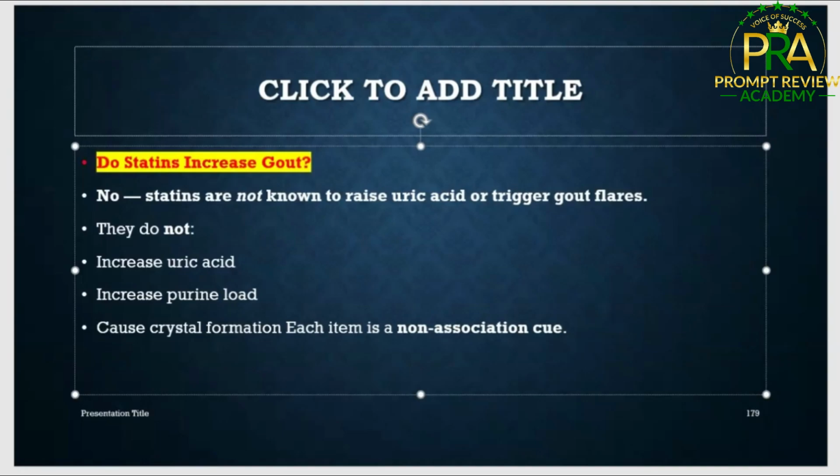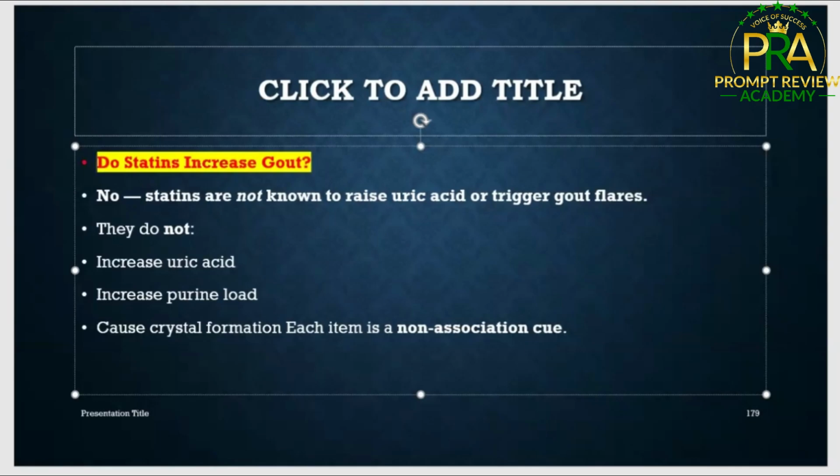Aspirin is known, and TB medications are known, ethambutol and pyrazinamide, which we talked about under pulmonology, TB medication. But statins do not increase it. So if you see, for example, which of the following medications does not increase uric acid, it will be statin.